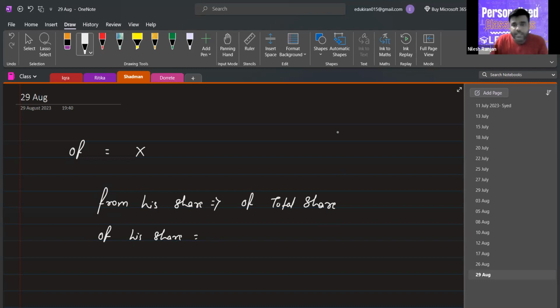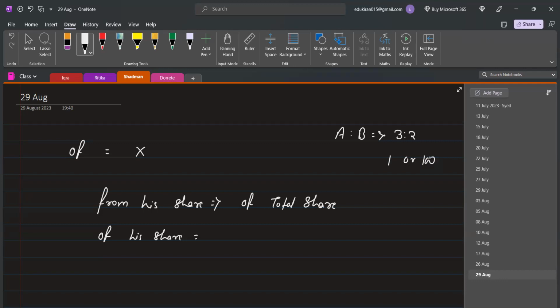So let's say A and B are partners, their profit sharing ratio is 3:2. If we talk about total share, it is always 1 or 100. Yes, sir. Generally, whenever we assume a total, then either we take it as 100% or we take it as 1.